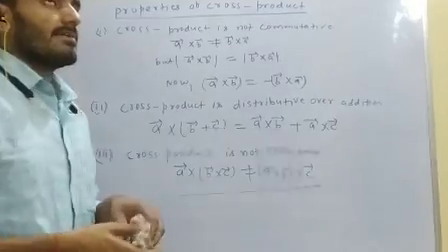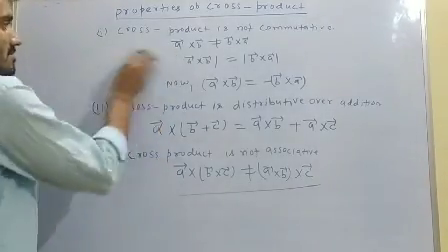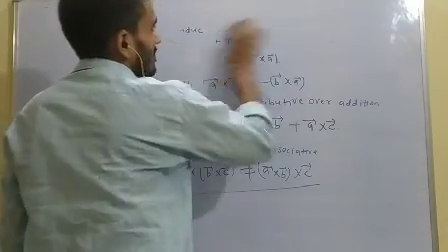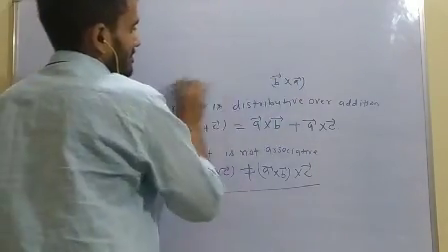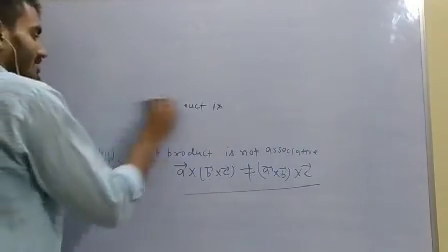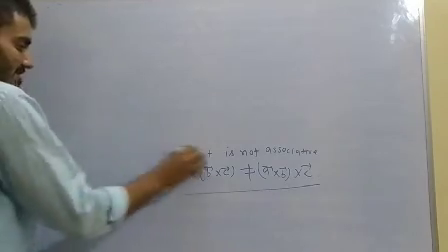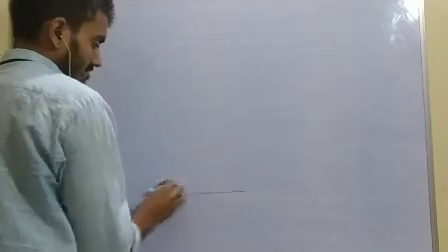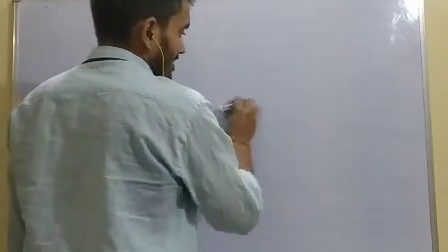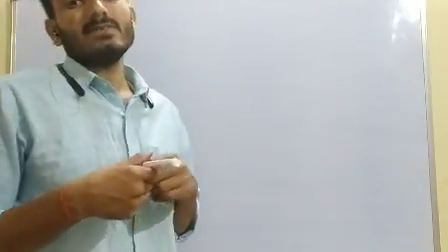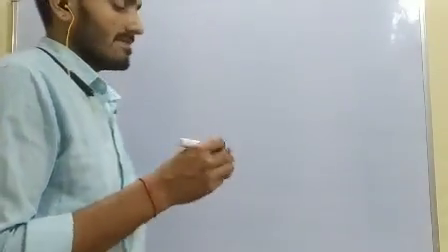Now we discuss the cross product of two vectors having three rectangular components. If two vectors are given in three rectangular components, then we define cross product as follows.